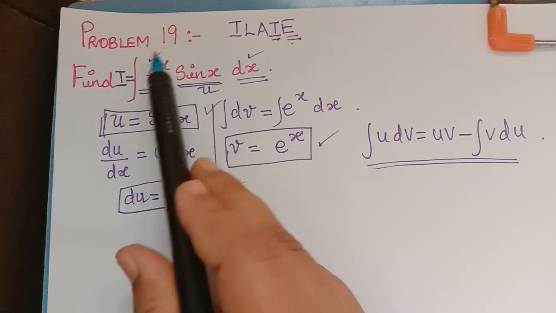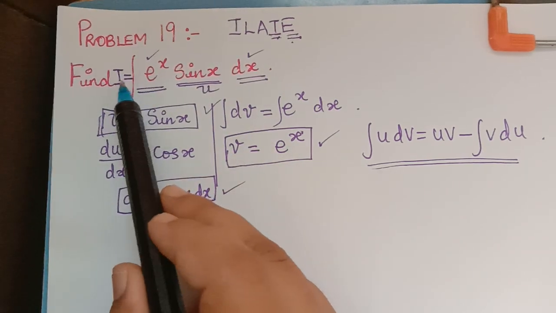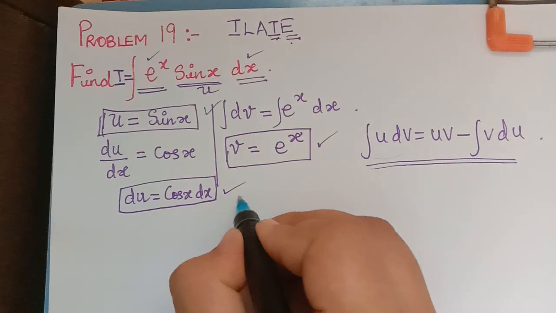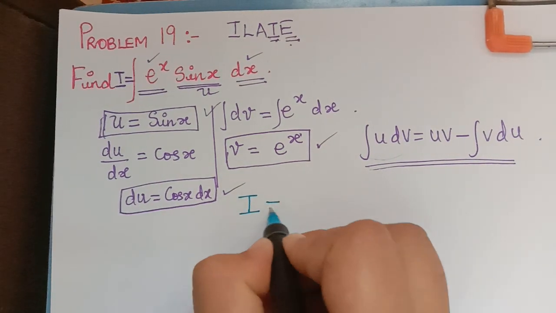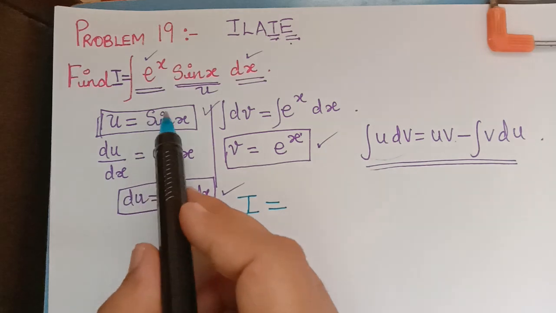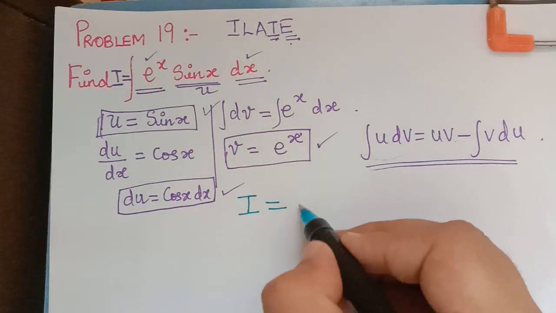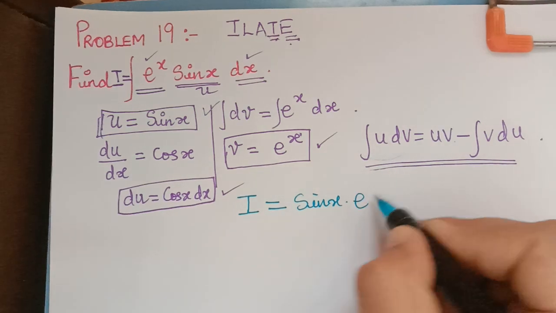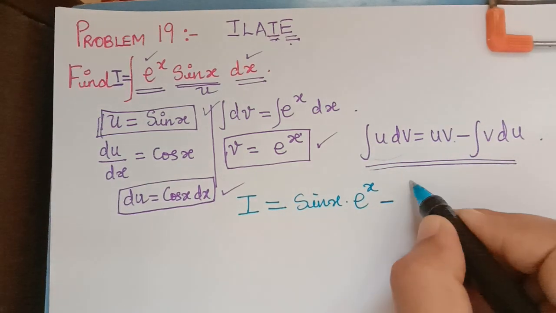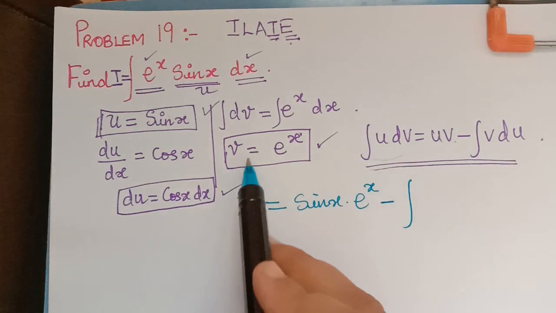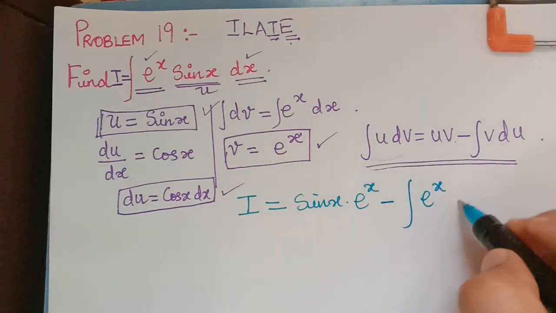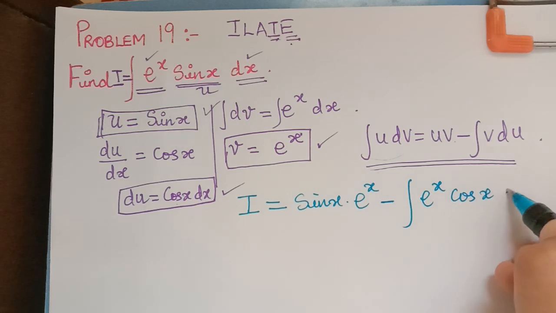But we have represented this as capital I. So instead of integral u dv, we can write capital I is equal to uv. What is u? Sin x. V is e power x. So sin x multiplied with e to the power x, minus integral v du. V is e power x and du is cos x dx.